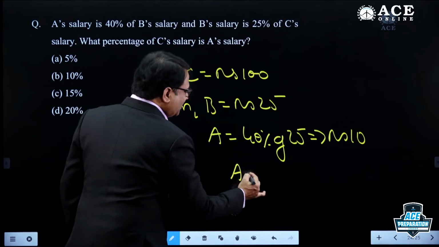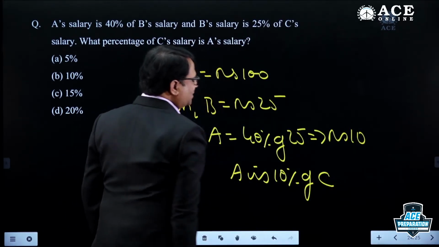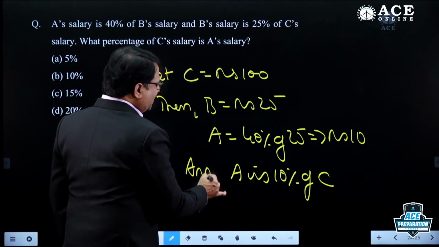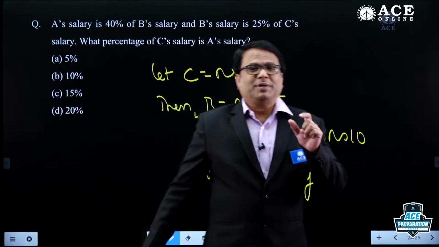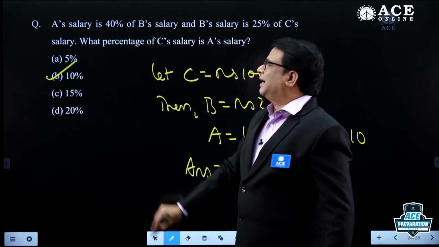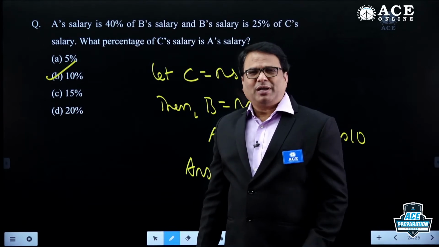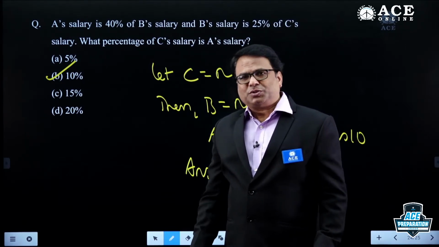So A is 10% of C. That is the answer. That means A's salary is 10% of C's salary. So here we take the answer as 10%. Okay. Now let us look into the last question for the day.